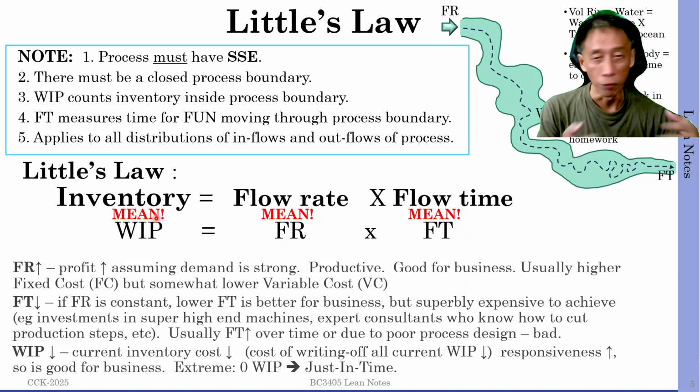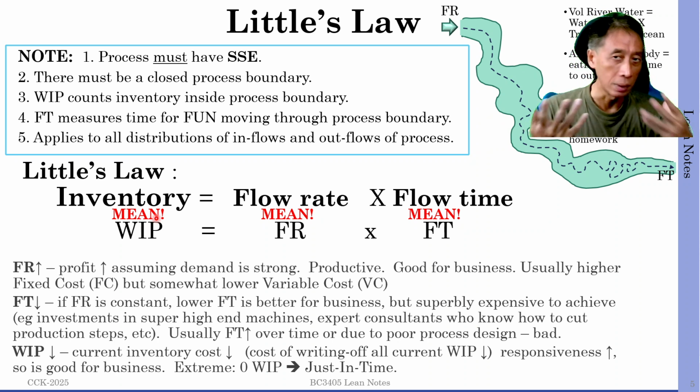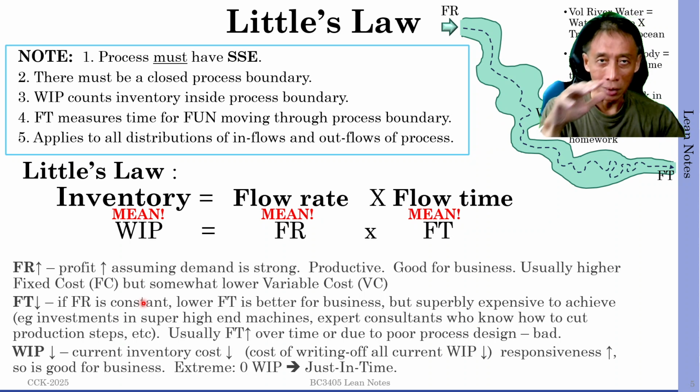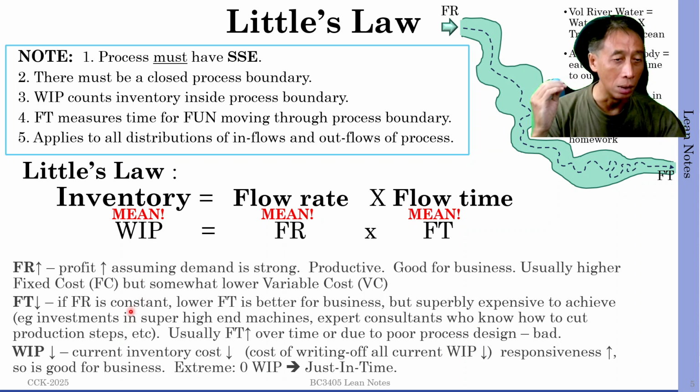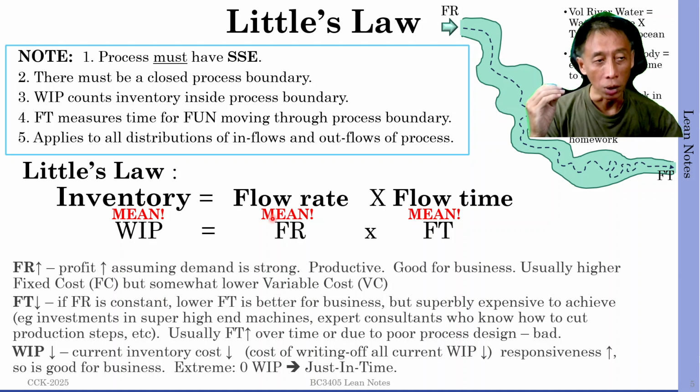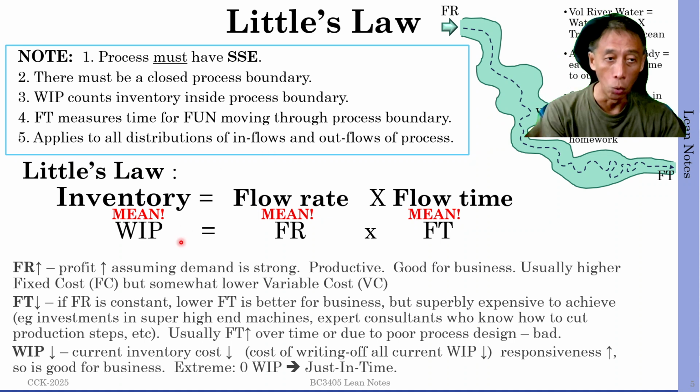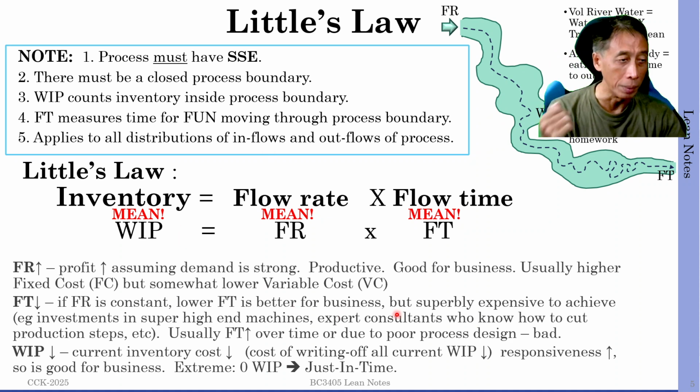Either for fear of not having supplies, for national security, for various purposes. So, but then the right thing in the peacetime, in normal businesses, is that the lower the inventory, the better. So if flow rate is constant, then obviously lower flow time, lower WIP. So that's good for business.